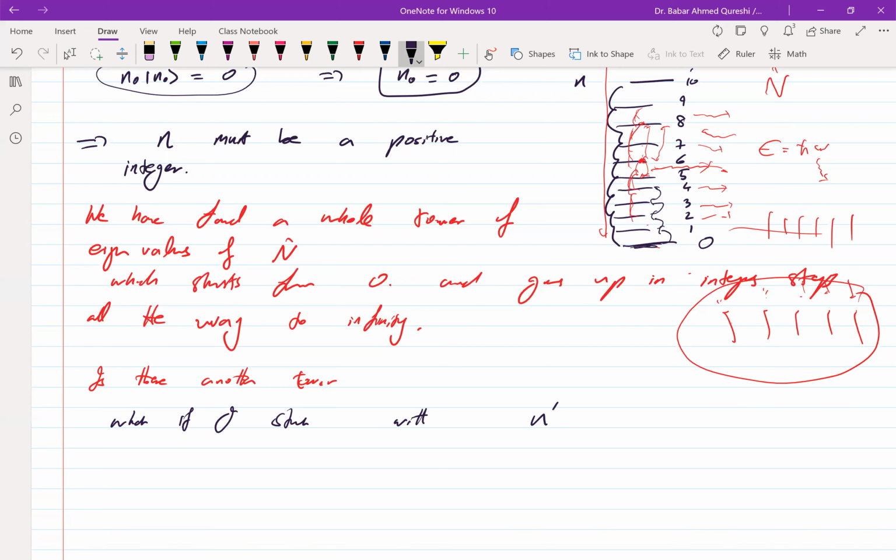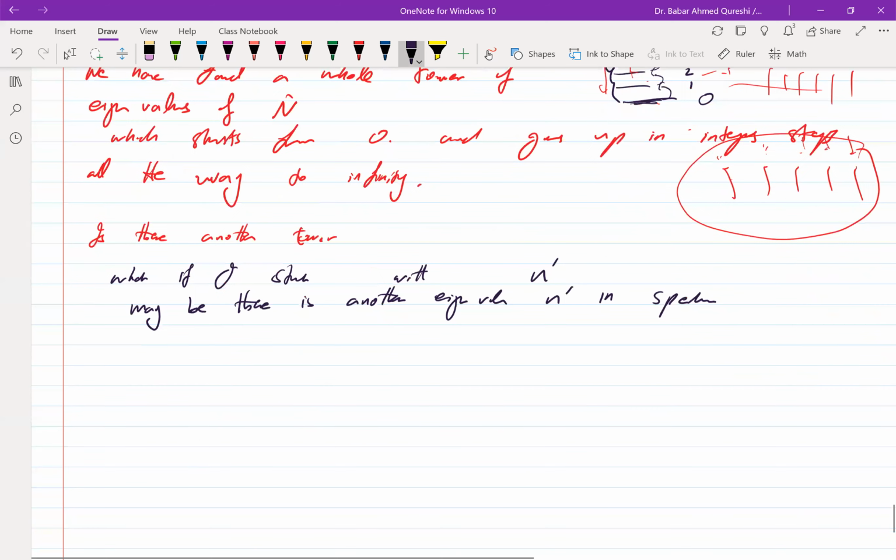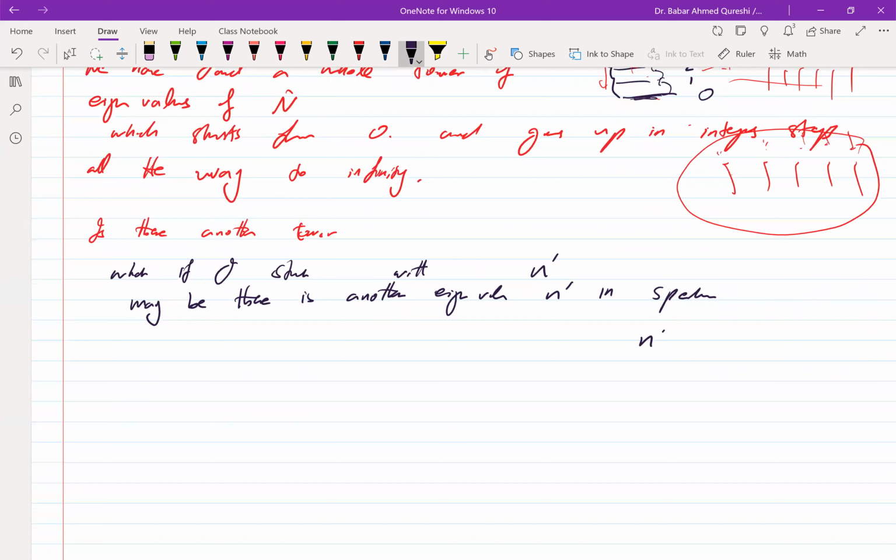Maybe there's another eigenvalue n dash in the spectrum. And from this n dash, if this eigenvalue is there, again using the same arguments, I can start coming down. And so on.